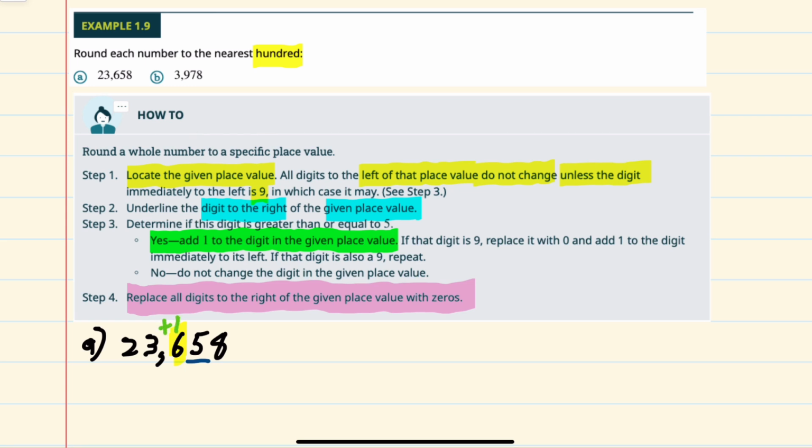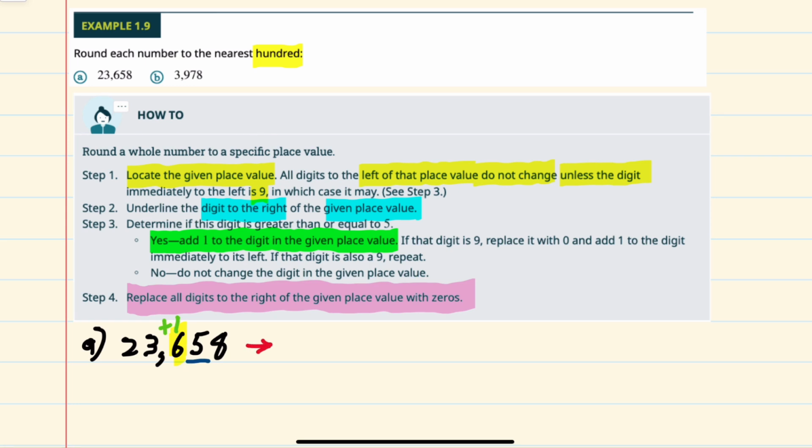And we're given a condition next that says if that digit is a 9, to replace it with a 0 and add 1 to the digit immediately to its left. And if that digit is also a 9, to repeat. In this case, our digit is not a 9. So we can move to step 4, which says we should replace all digits to the right of the given place value with zeros.